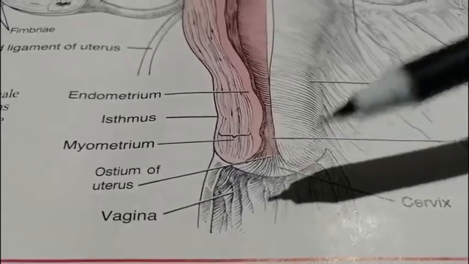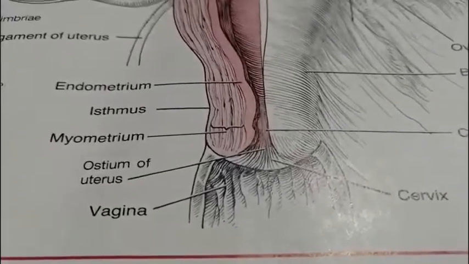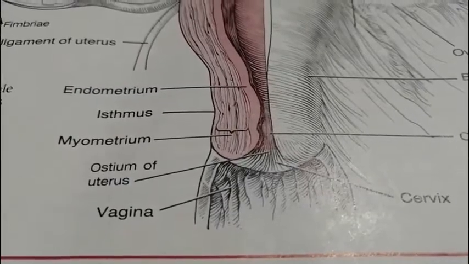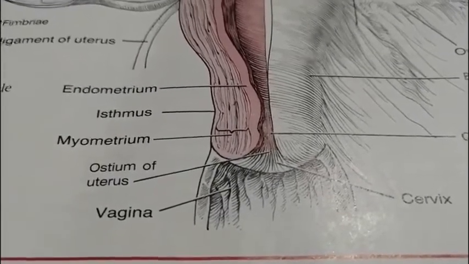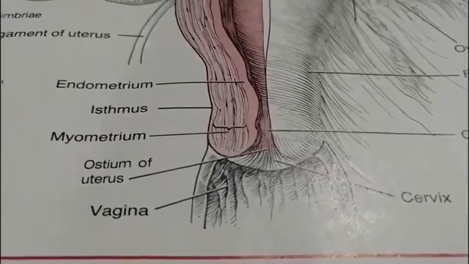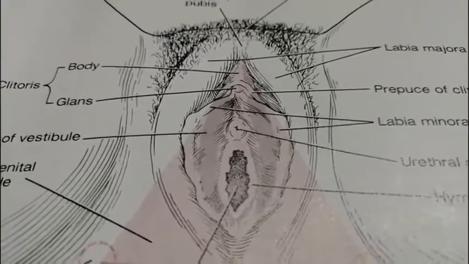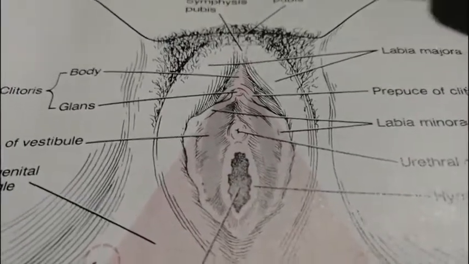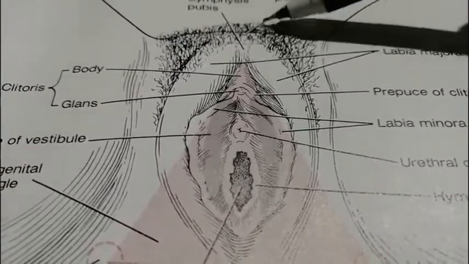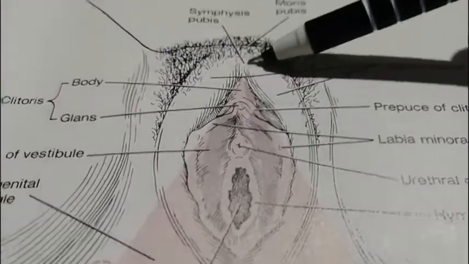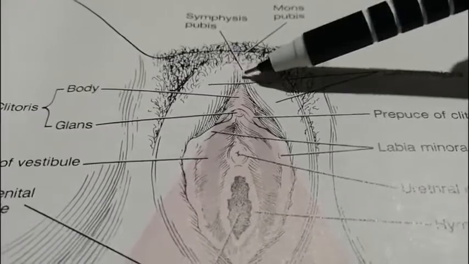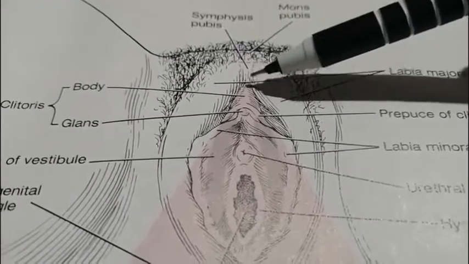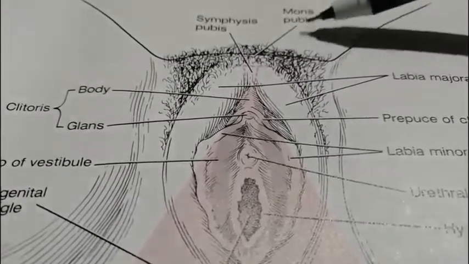Now we are moving to the external genital organs. Look at the female external genitalia. You can see that this is your mons pubis, a raised region, therefore it is known as mons pubis.